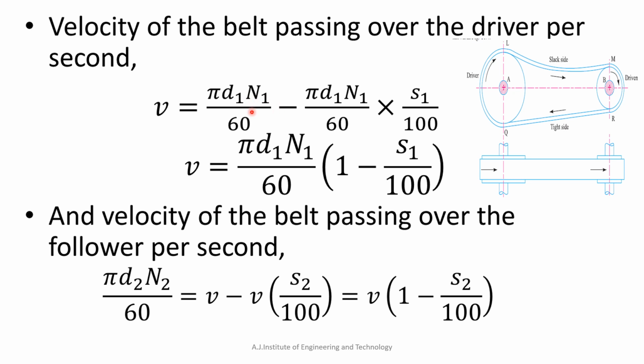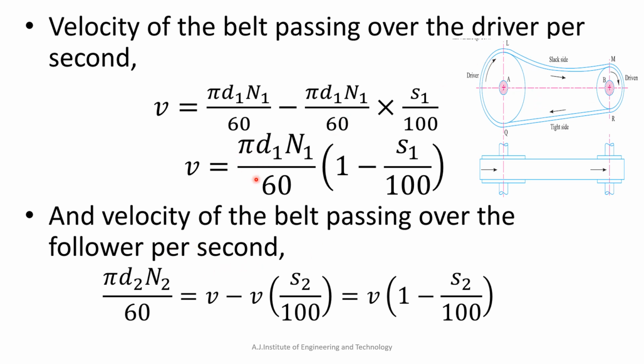So taking pi d1 n1 divided by 60 common, the remaining is 1 minus S1 divided by 100. This much power is transferred if the slip occurs between the belt and the driver pulley.